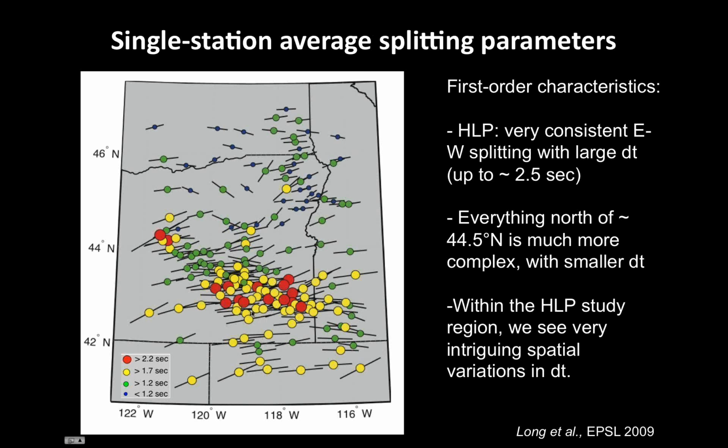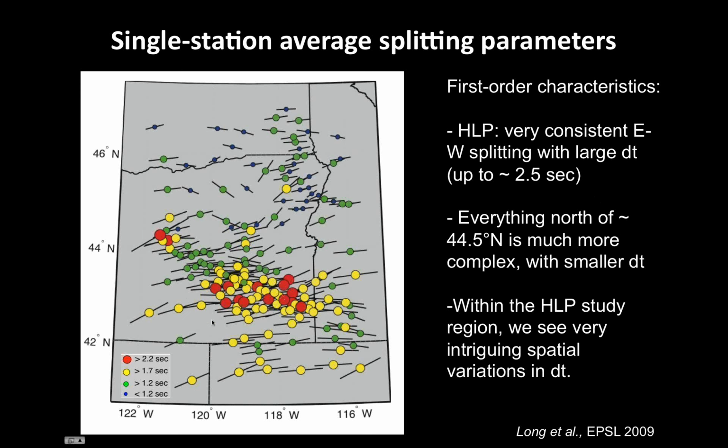Another feature I'd like you to notice here is that within the HLP itself, we see some really intriguing spatial variations in delay time. So the fast directions are pretty coherent throughout the study region, but we have a region right here within the heart of the High Lava Plains that tends to have very large delay times, up to 2.5 seconds as a single station average.